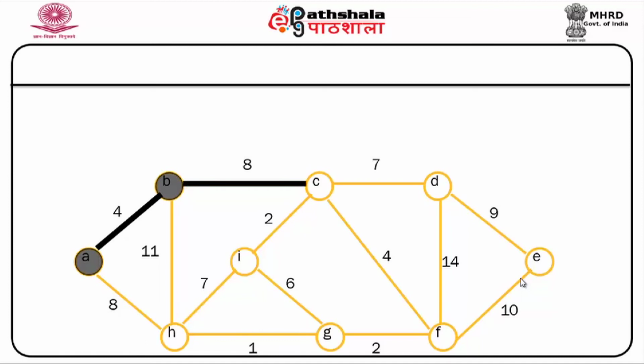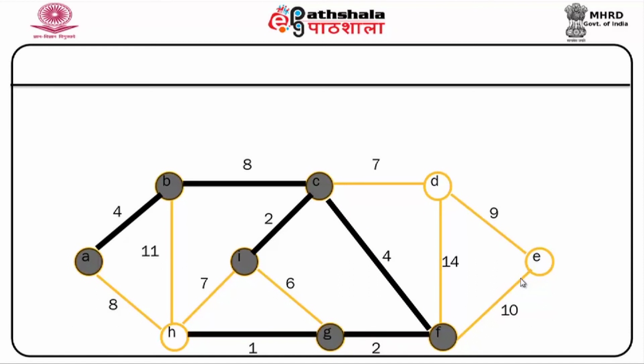So, it is C. Now I have the possibility of A, B, C. I can find the minimum, so it is 2 now. Then again I can check the minimum cost. You can see it is going to be 4. Now again I can check, it is going to be 2 and again it is going to be 1.